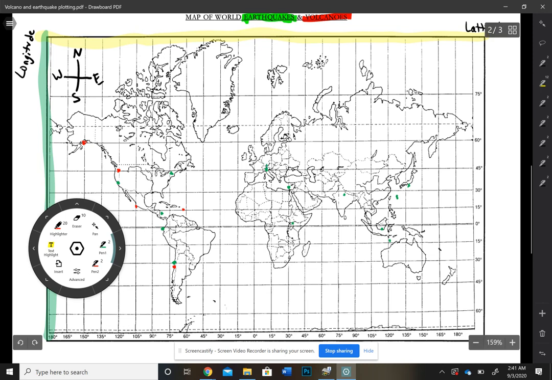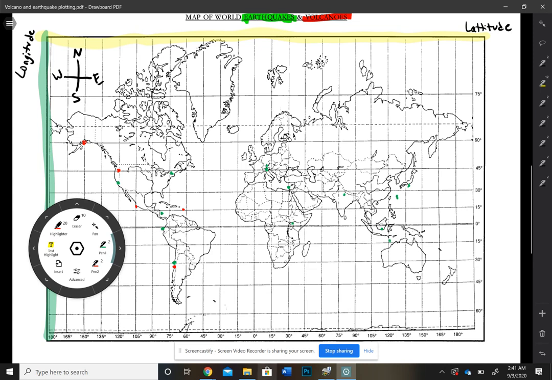Did we have another one that was really close to that? 44 north, 74 west. 40 north and 120. Hold on.